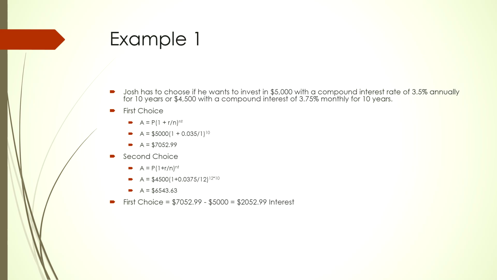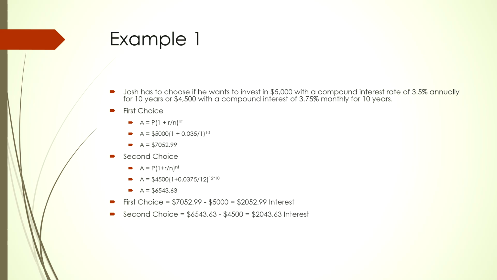And so we find out how much interest Josh would make on each. In the first choice, $7,052.99 minus $5,000 is equal to $2,052.99 interest.